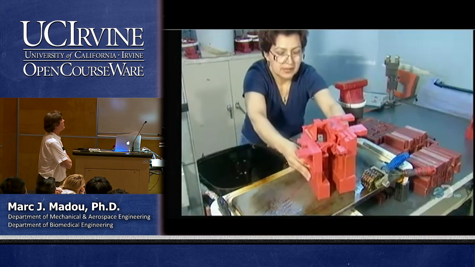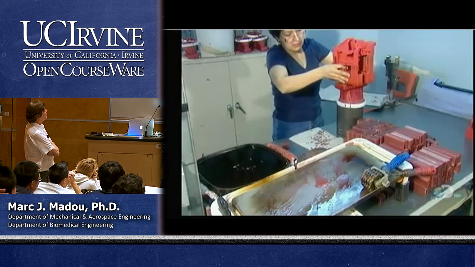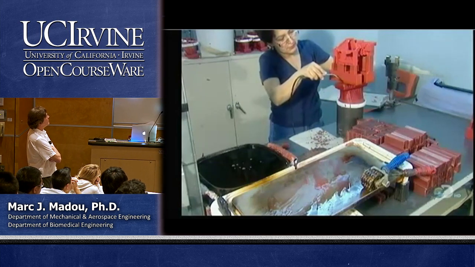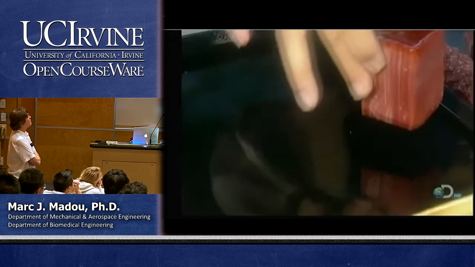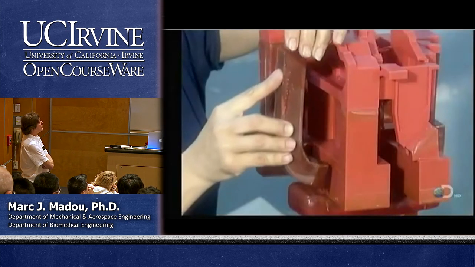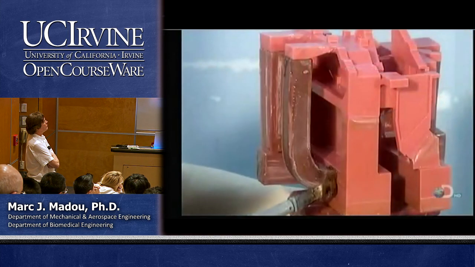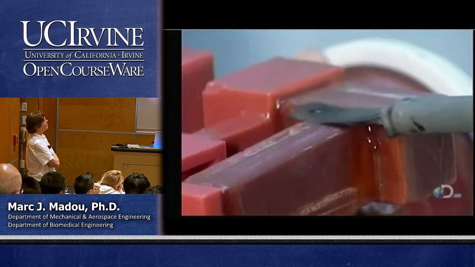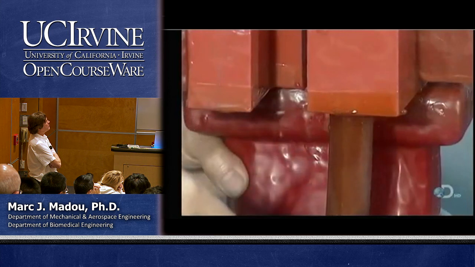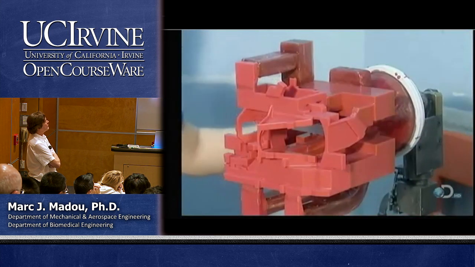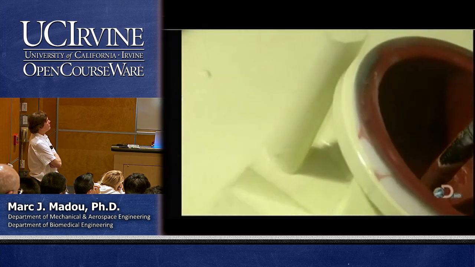Next, using a hot iron, they attach wax components to create what's called a metal delivery system. Channels that will funnel the molten metal into the mold's cavity. Next, they dip this wax assembly into a ceramic solution called slurry.